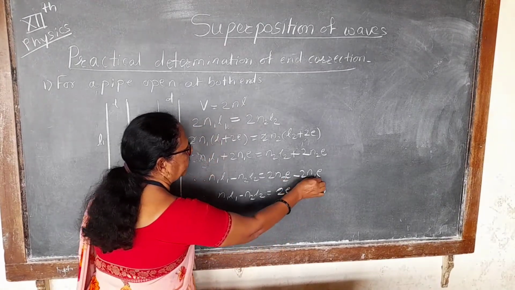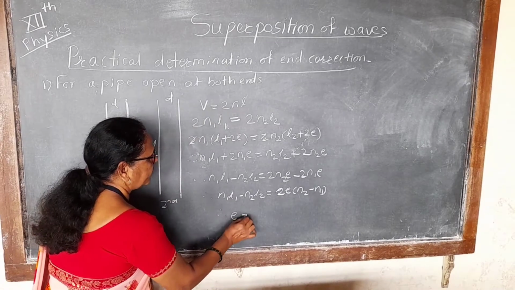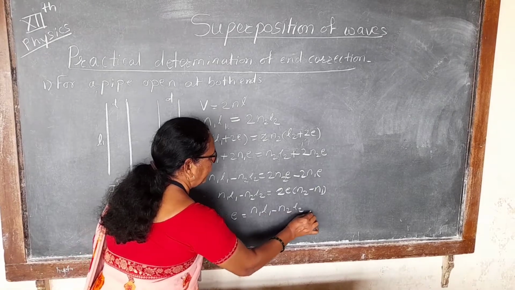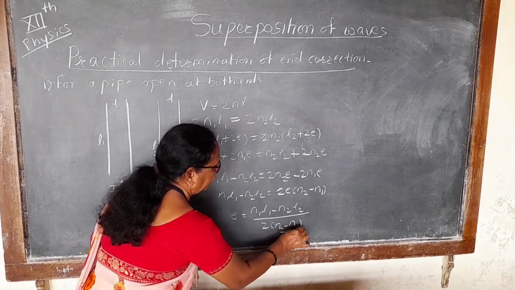Here E and 2 are taken out, and from this we get E equal to N1 L1 minus N2 L2 divided by 2 into bracket N2 minus N1.